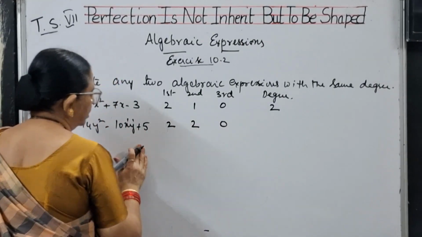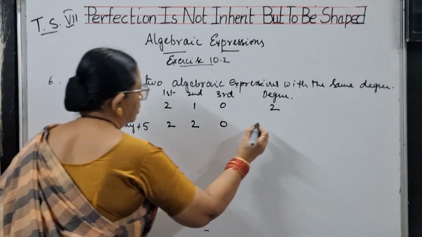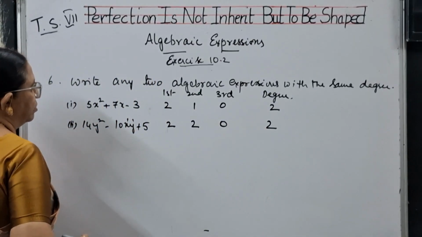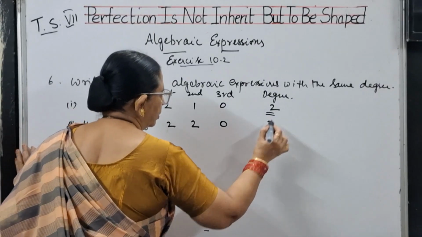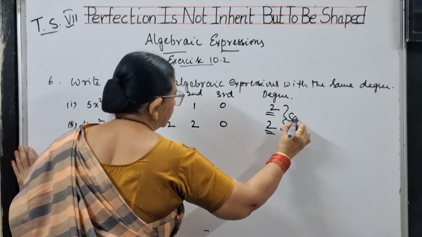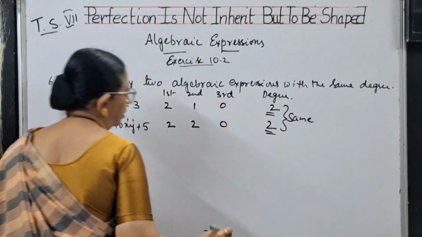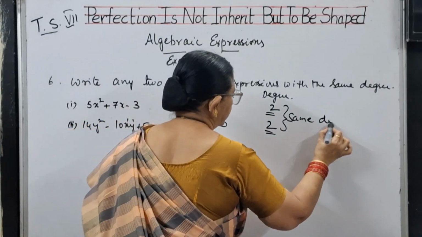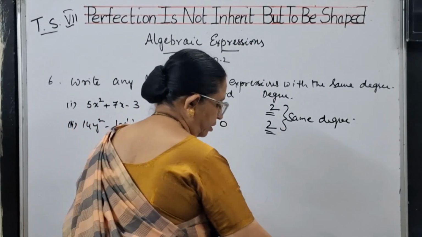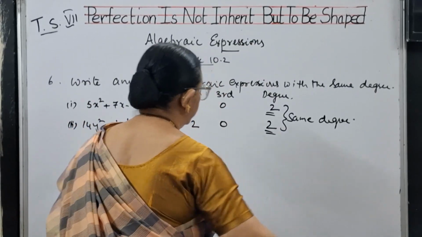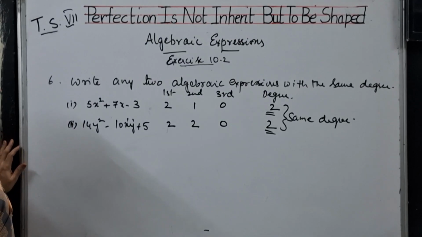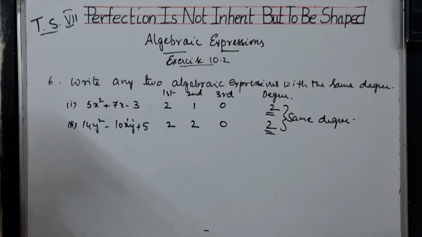Third term is a constant, so its degree is also 0. So its degree is 2. So I can take this as the example. Both of them are having the same degree. This is what they have asked you, to write two examples which are having the same degree. So I hope I am clear, children. Note it down.